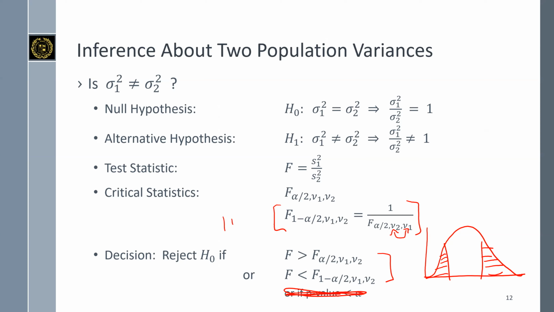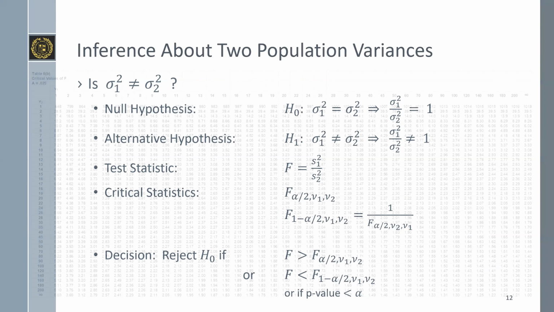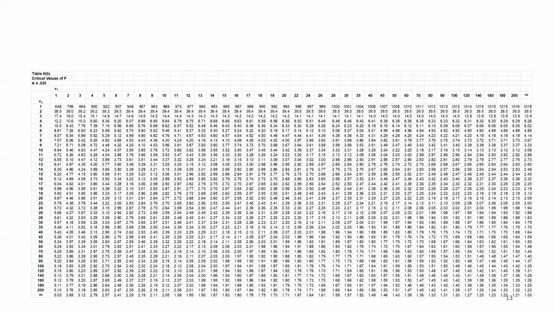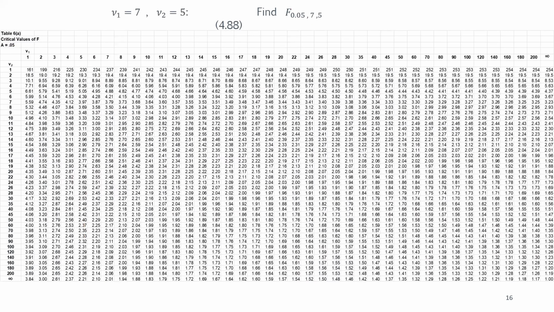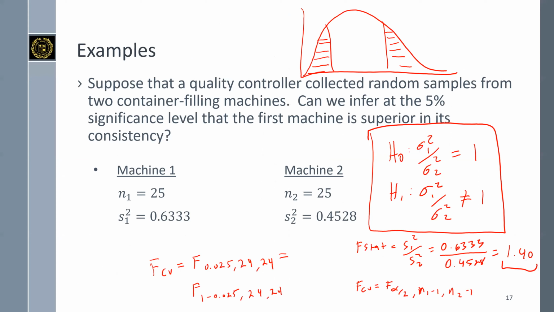So this is your lower bound. This is your upper bound. So meaning this is right here, and then this will be right there. Okay, so we know our values, it's 2.27 and 0.44.